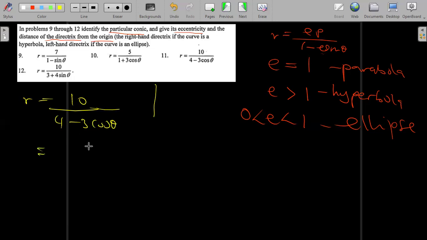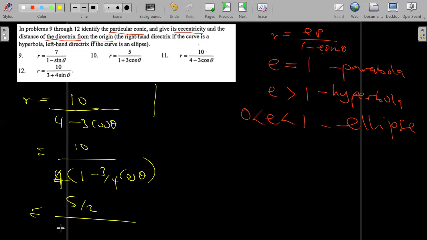And then here next, you just factor out that 4 down such that you have it in standard form. You have 1 minus 3 over 4 cos theta. So this is just going to be equal to this 4 dividing into that 10 such that you have 5 over 2 divided by 1 minus 3 over 4 cos theta.